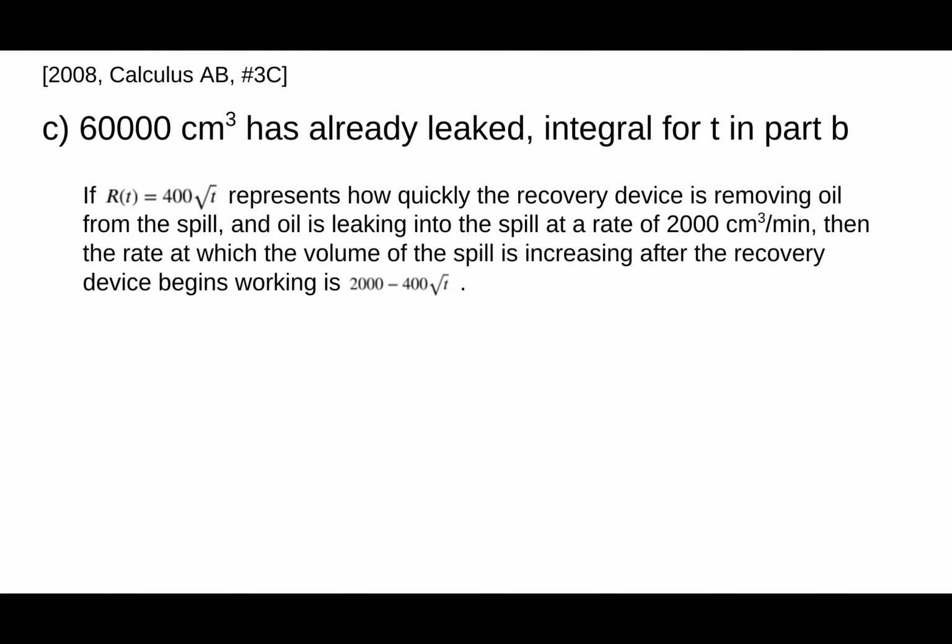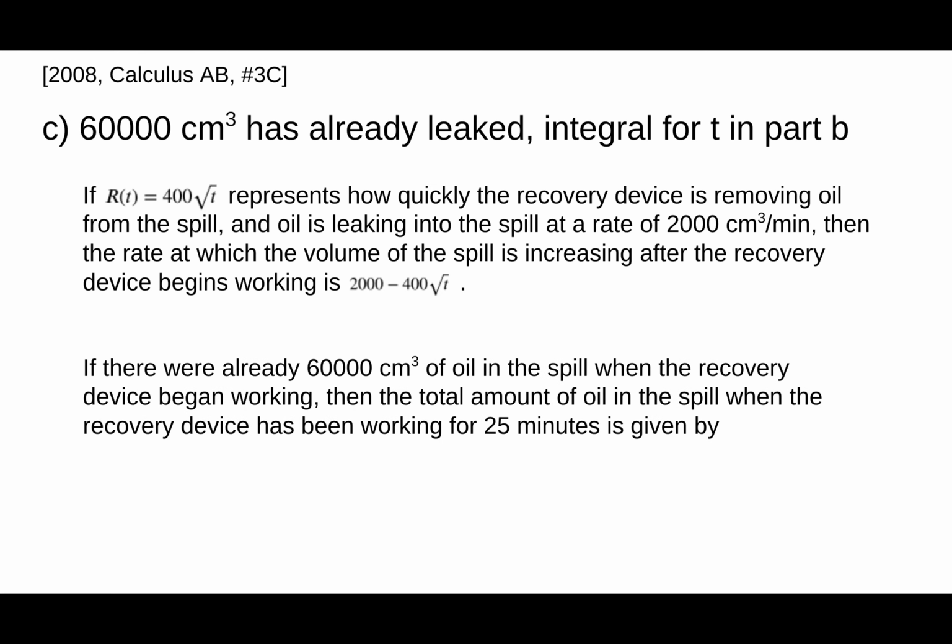If our recovery device is removing oil at 400 square root t cubic centimeters per minute, and it's being leaked into at a rate of 2,000 cubic centimeters per minute, the rate at which the volume of the spill is increasing after that recovery device begins working is this function we found, 2,000 minus 400 square root t. So the actual amount of oil in the leak at some time would just be a definite integral.